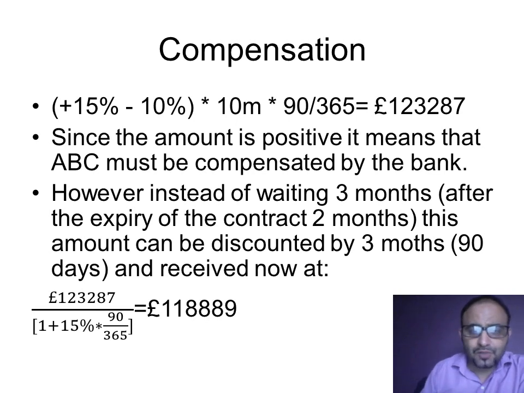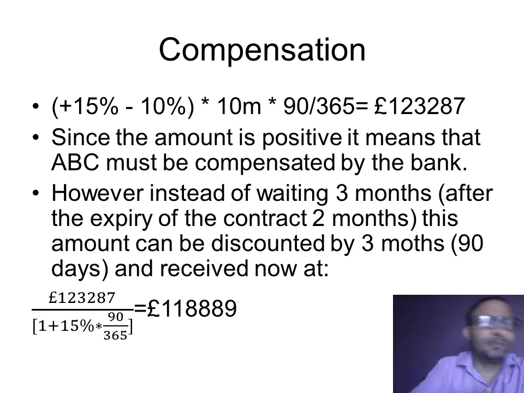Doing a bit of calculation as before, that leads to 123,287. Now, let's notice that the amount is positive, which means that ABC is now compensated by the bank. Same like before, instead of waiting 3 months after the expiry of the contract in 2 months, this amount can be discounted by 3 months, i.e. 90 days, and received now.